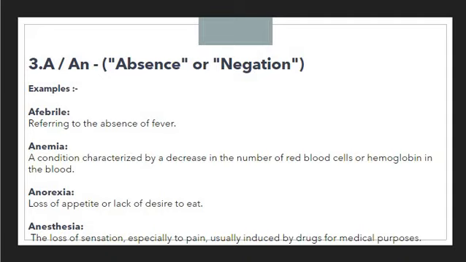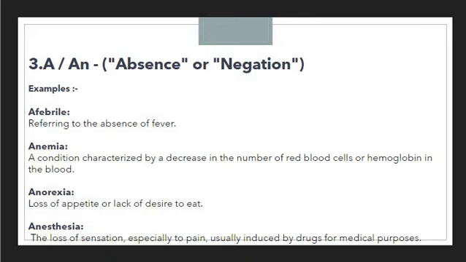Anorexia means loss of appetite or lack of desire to eat. So whenever you see anorexia in any medical report, you can easily identify that the patient is suffering from loss of appetite and has no desire to eat food.